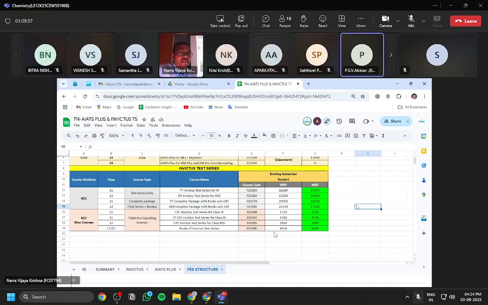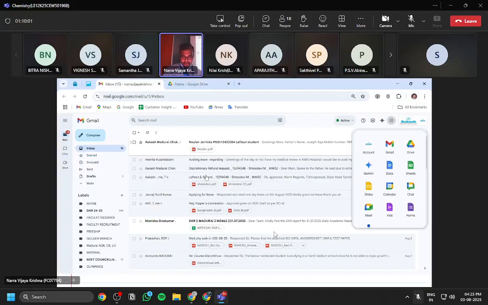Sir, if by chance we miss one test without writing it in the allotted time, then will that test be available to write again? You can write at any time. Okay, sir. Right. Then I don't know about fee structure. This is the only data I have. Definitely not more than this. That I can assure. If they have revised, I don't know much.